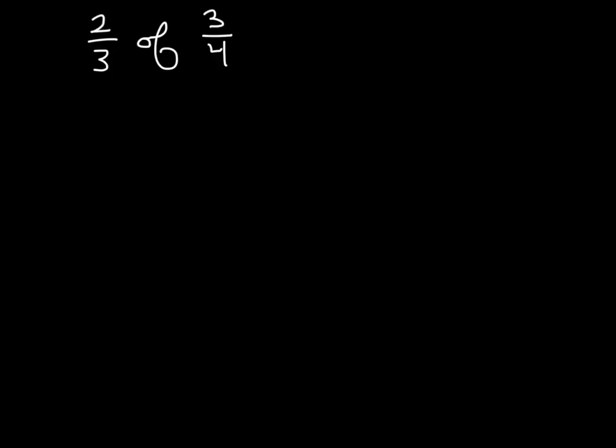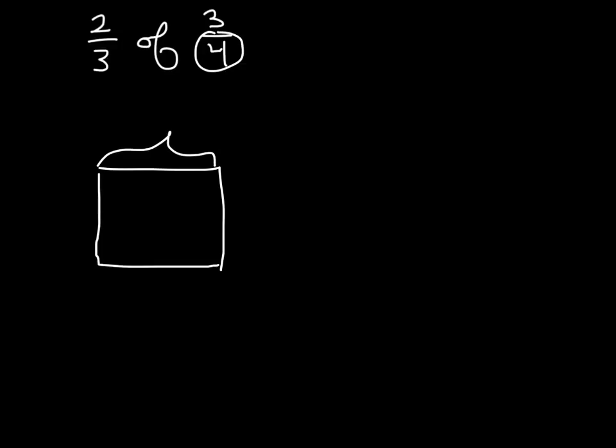Let's start off by looking at 2/3 of 3/4. I am going to divide my rectangular fraction model into fourths first. I'm going to look at the two numbers I'm multiplying and use the one that has the largest number in the denominator. So here's my whole.